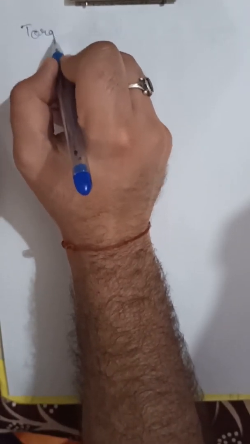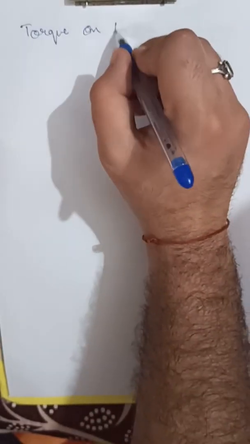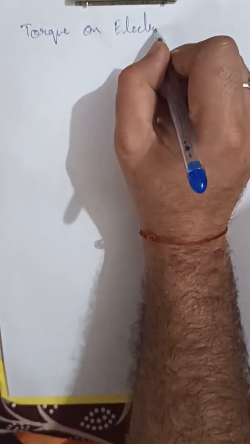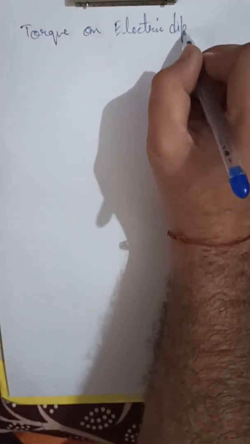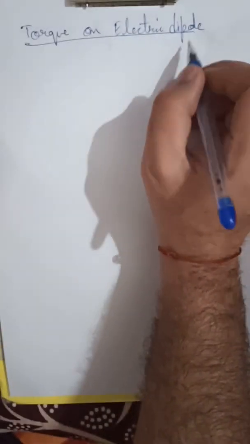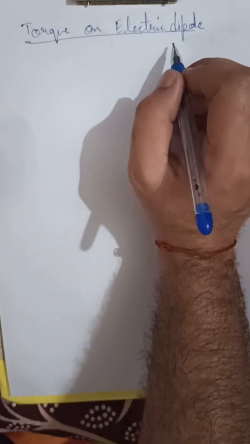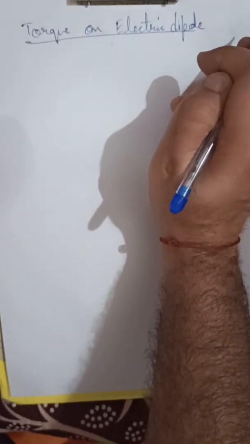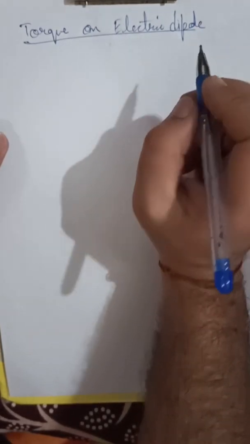Now moving towards the next topic, that is torque on an electric dipole. In many books you can read this topic as dipole in uniform two-dimensional electric field.